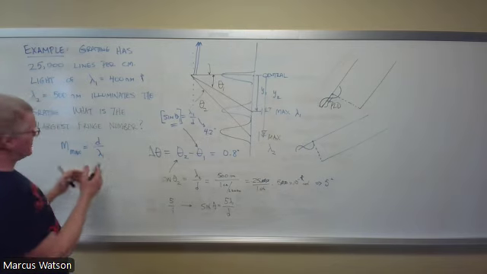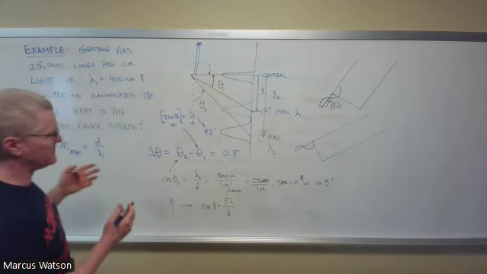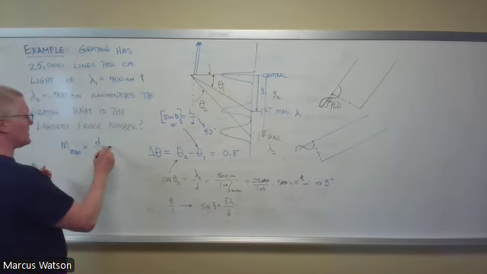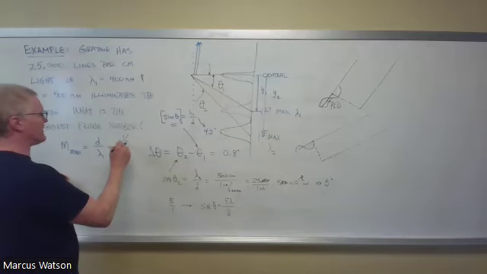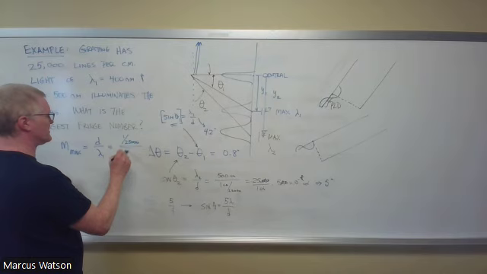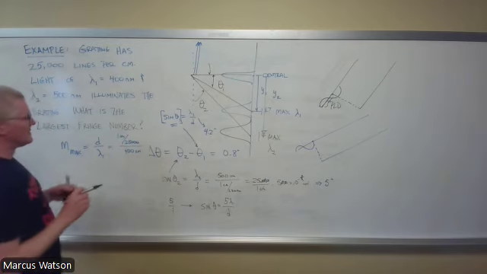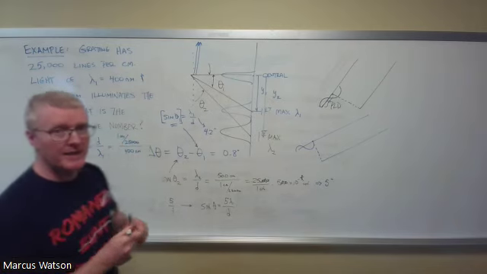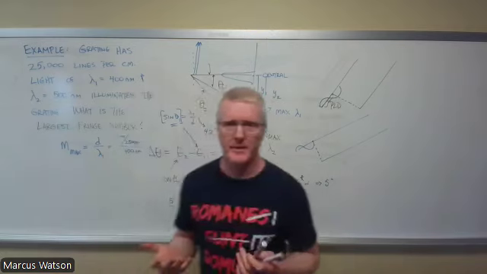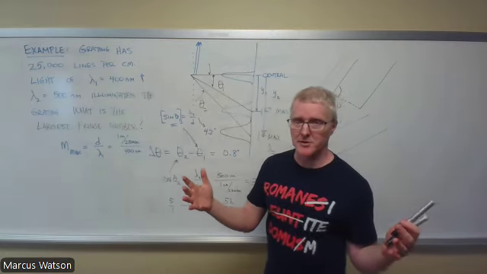Or if I use 2, then I can use the lambda 2s, and that'll be a different number, okay? In this case, it'd be 1 over 25,000 of the centimeter variety divided by 400 of the nanometer variety. Oops, centimeters. Like so. And you're going to get a straight number, okay? And that number is going to be the maximum order that you're going to get on the screen.